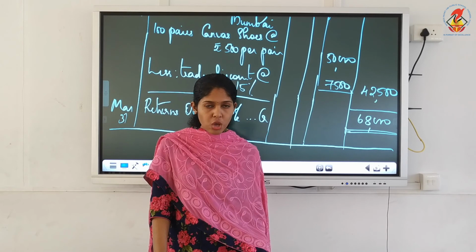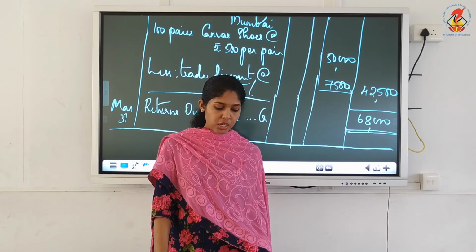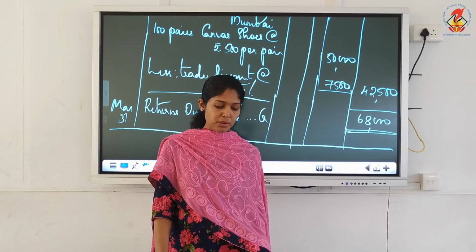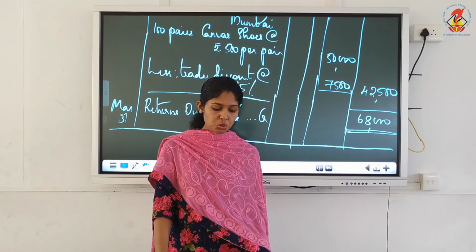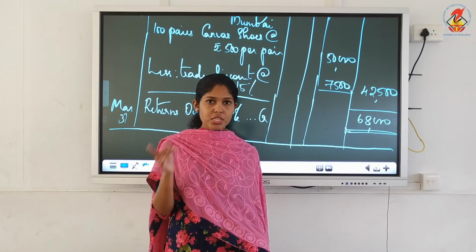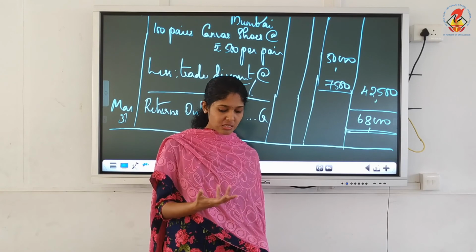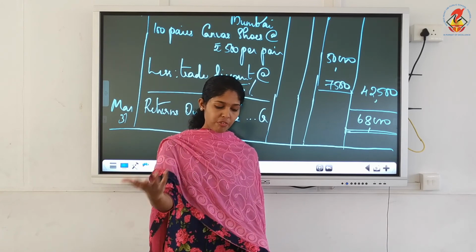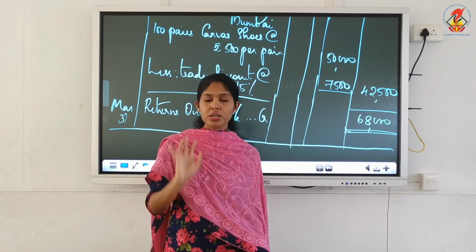Then ledger also they have asked you to prepare. Ledger you need not do. So for practical problem number 18, I will give that as assignment. You do that particular question. For the same question, you do purchases and sales book. There it is easy. They have written purchased from this person, sold to this person, the specific words they have given.